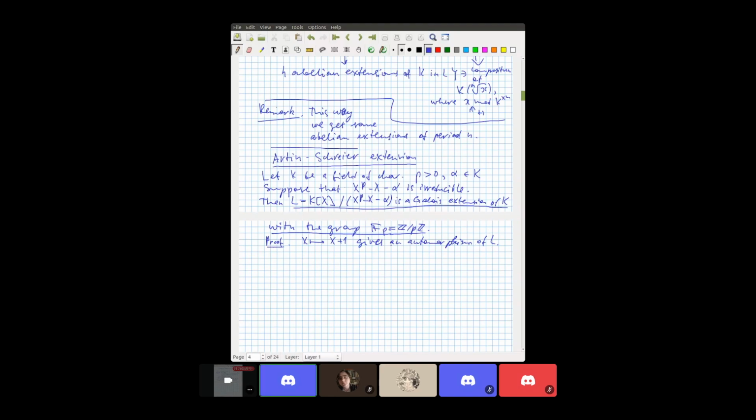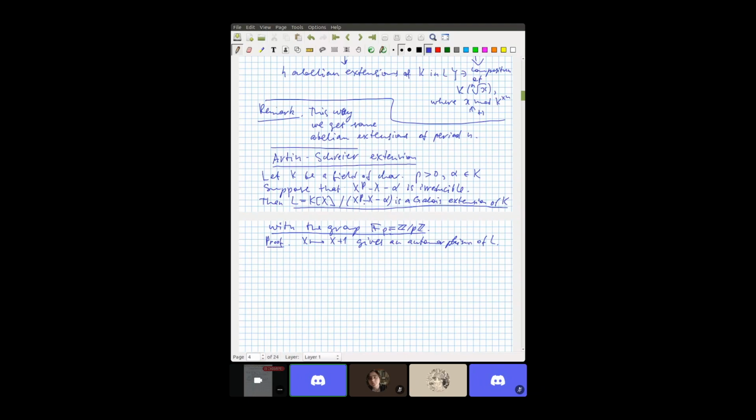So this is an automorphism, and of course its order is P. All right.